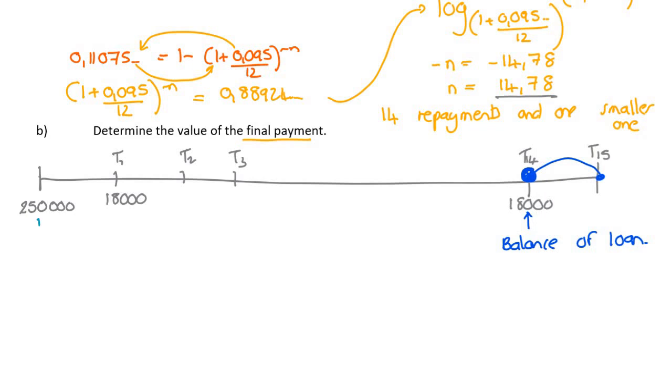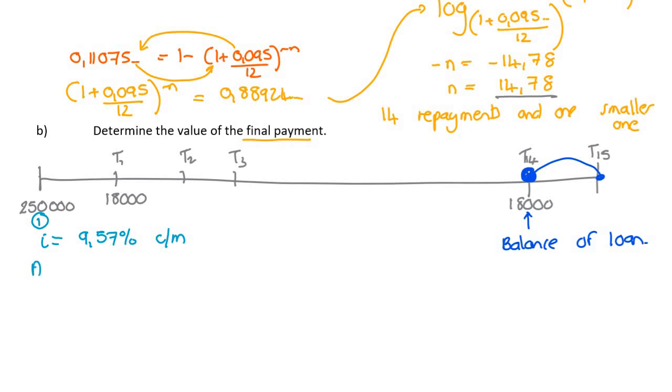First step is to pretend the 250,000 Rand simply didn't pay off a single cent, and I'm just going to add on interest for 14 months. Now, because this is a new question, I'm going to use my rounded off interest. So I'm going to use interest at 9.57% compounded monthly, because otherwise we'll be writing decimals forever.